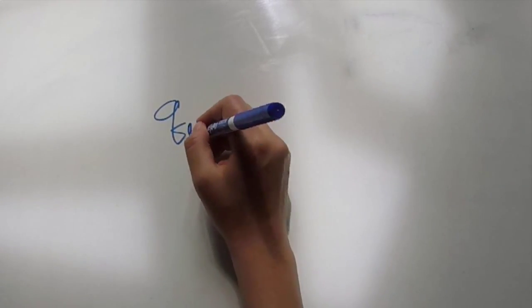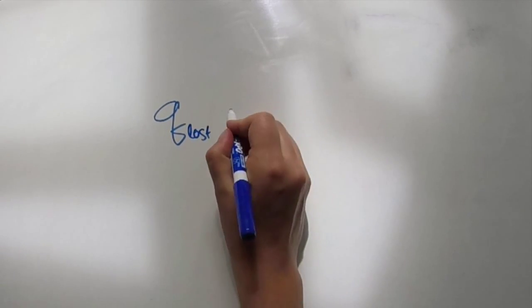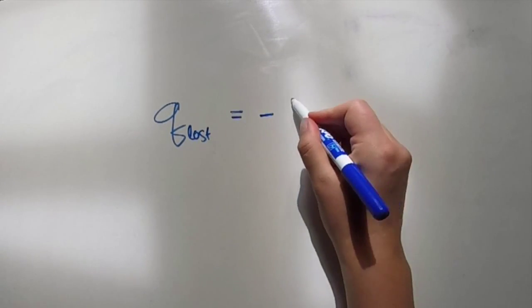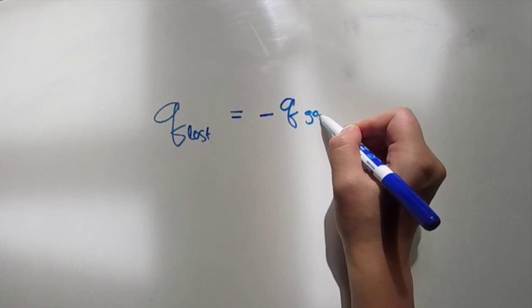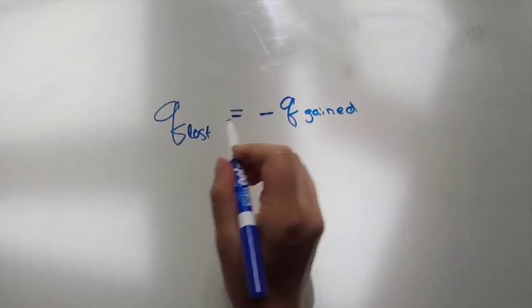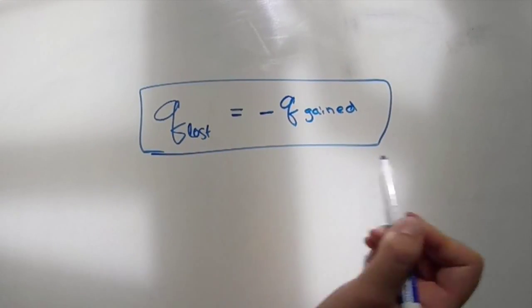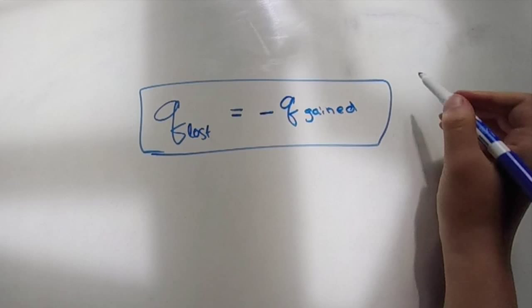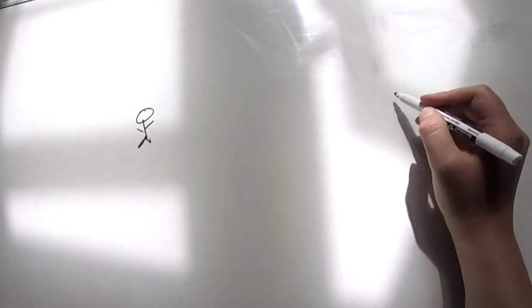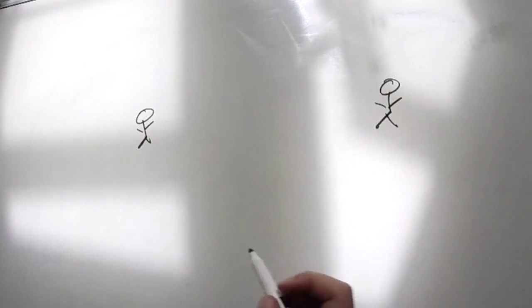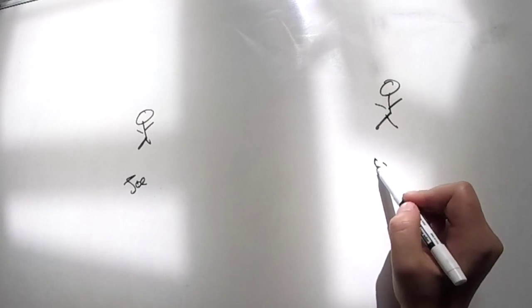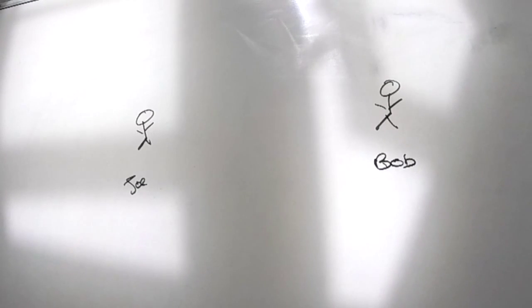Now, one of the most important ideas to remember when doing problems with phase change is that Q lost is equal to negative Q gained. So what does that even mean? That doesn't really seem to make sense. Well, I want you to imagine 2 guys, and they're friends. One is named Joe, and the other is named Bob.